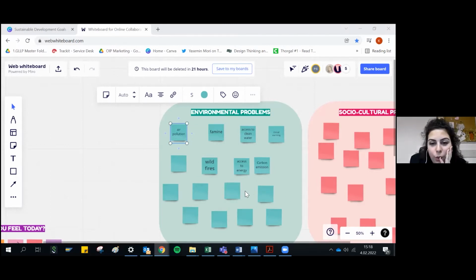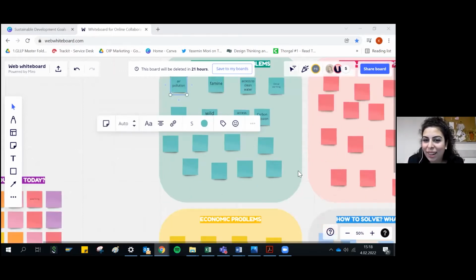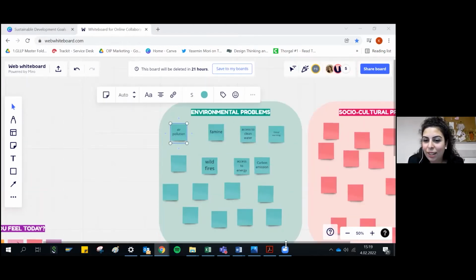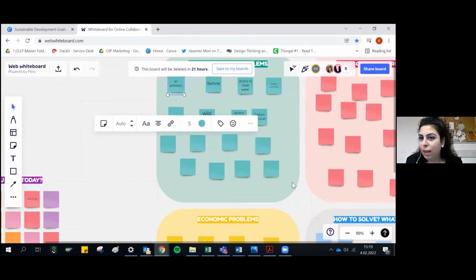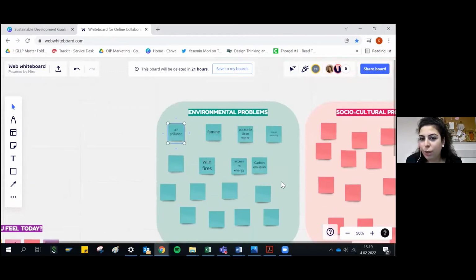Vaccines, who wrote vaccines and then deleted it? Somebody wrote vaccines. Vaccination, maybe you can write it down in another category, I don't know, but there's no need to delete it.